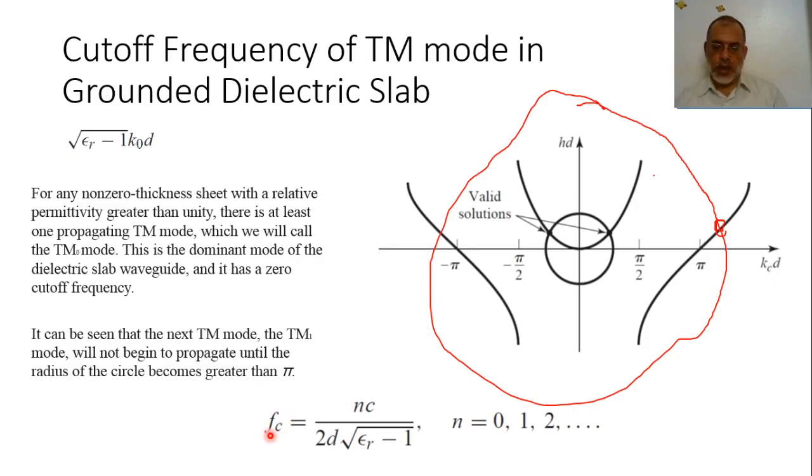So as an example, if I'm interested in using a grounded dielectric slab of epsilon r, for example 4, and we are talking about a frequency of 10 gigahertz, I should use a value of d less than 1 multiplied by c over 2 multiplied by the frequency times square root of epsilon r minus 1, such that I don't excite the higher order transverse magnetic surface wave modes. Okay, all right.